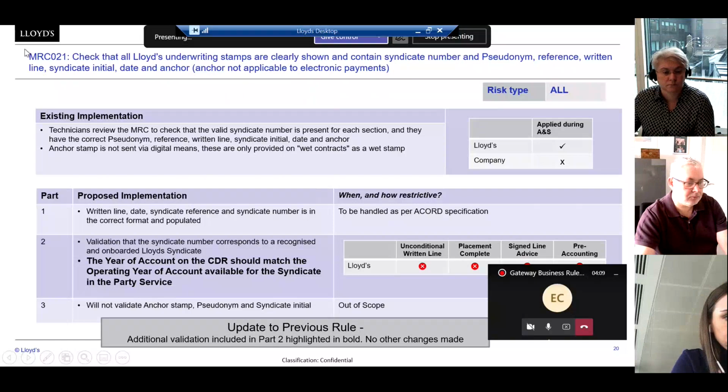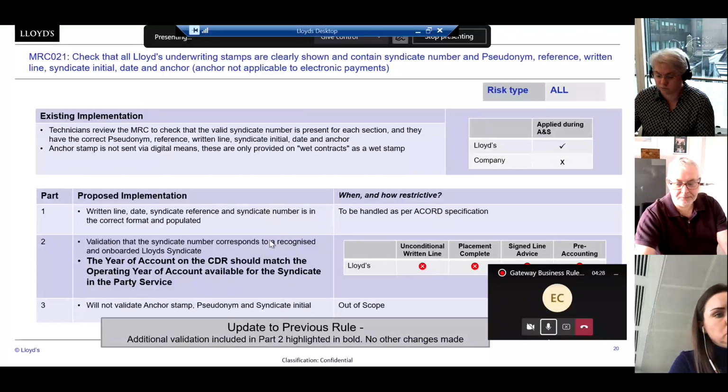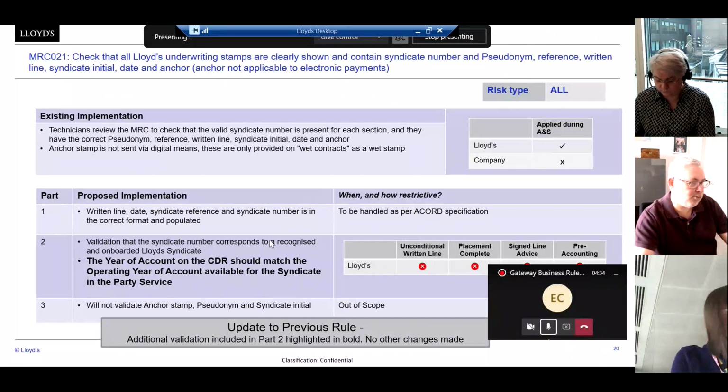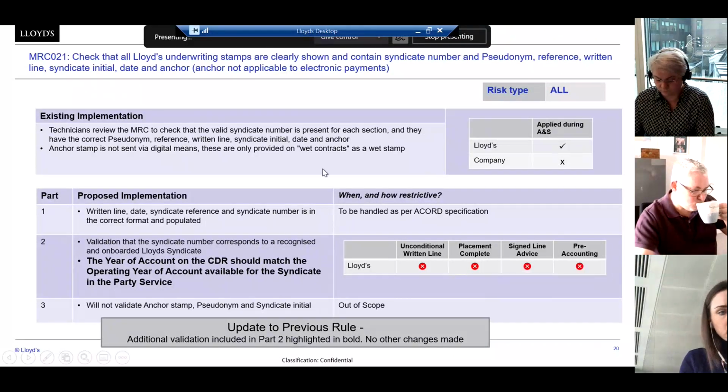So one additional rule that we found out, when we were going through the set of rules, was related to how syndicates are onboarded when a new risk is inducted in IROS.